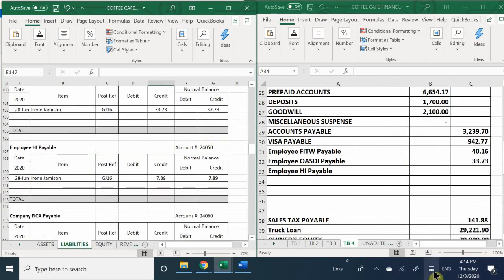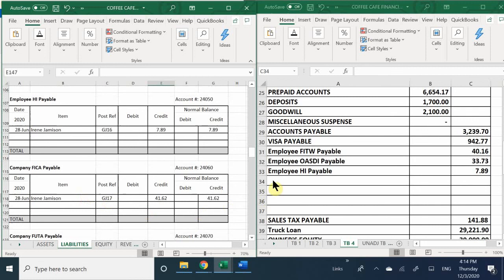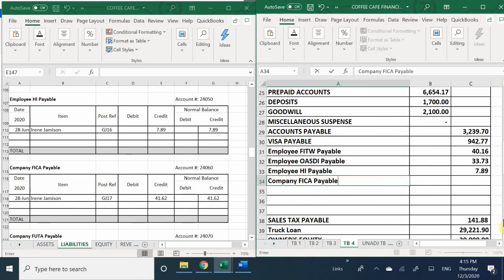And that one is $7.89. Okay. Next is company FICA payable. That one's $41.62.